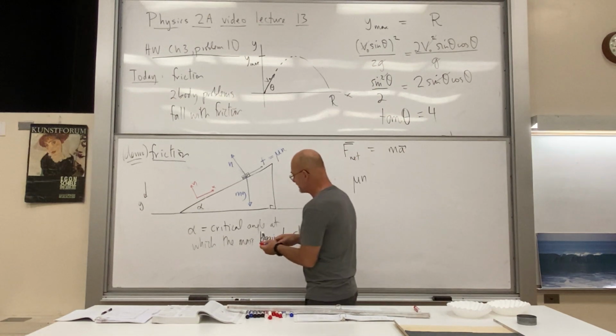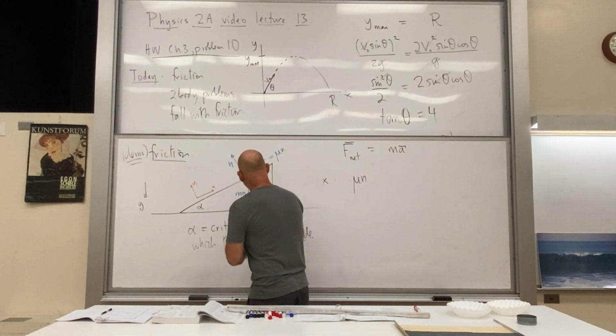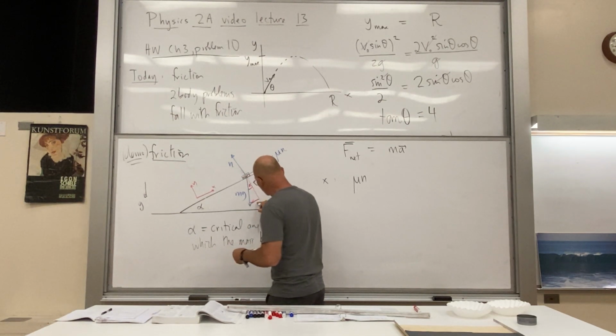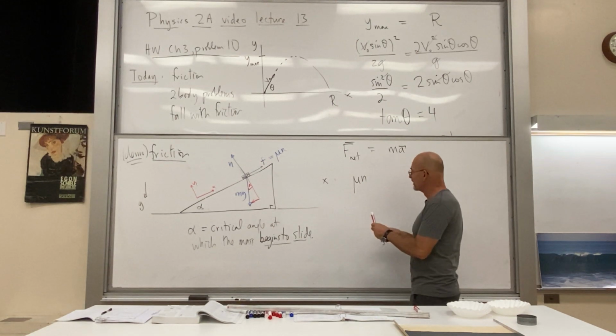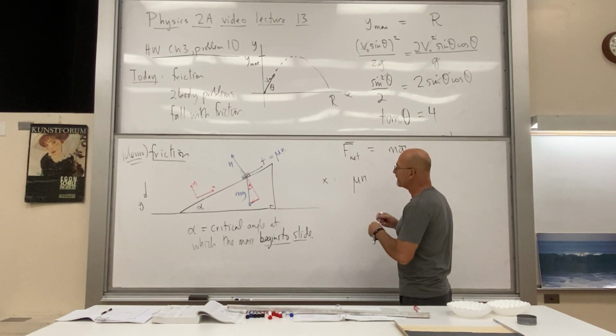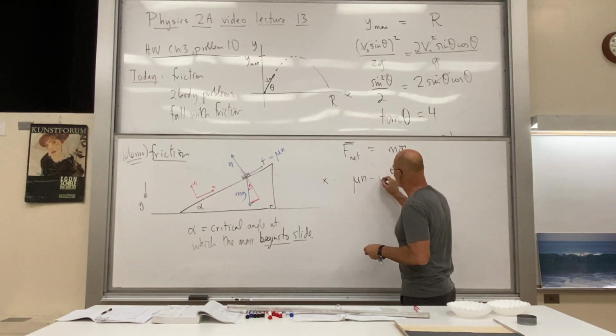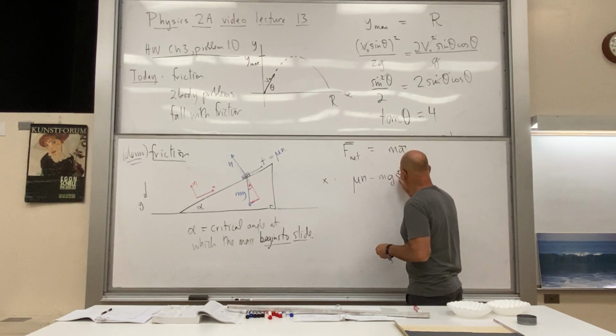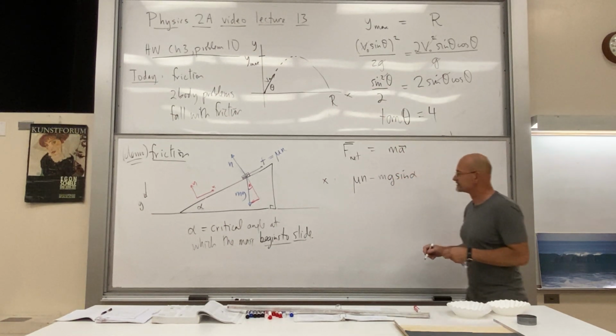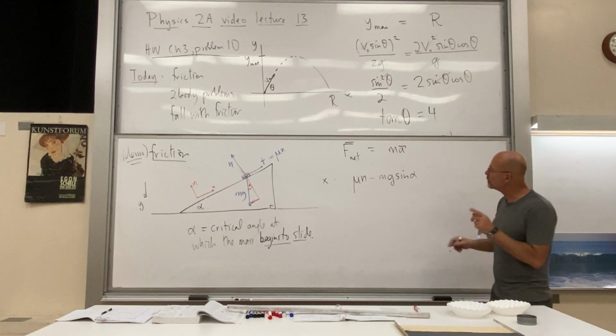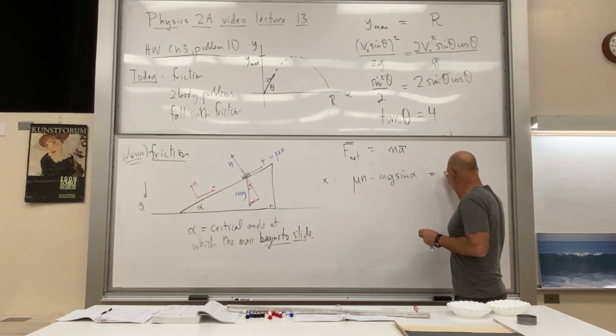And then we had last time, I'll do this again. We had alpha, so pointing downhill here is minus mg sine of alpha. And because it's not moving, this equals 0.